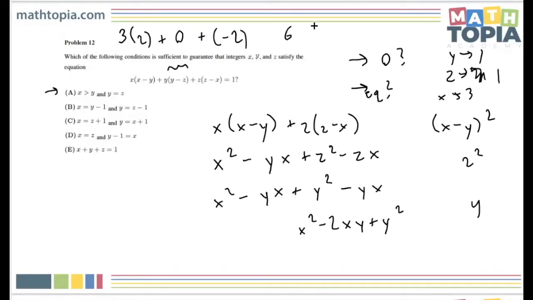We just get 6 minus 2, which is 4, just like we predicted. It's not 1. So since there is a solution to A that does not satisfy the original equation, A is out, right?